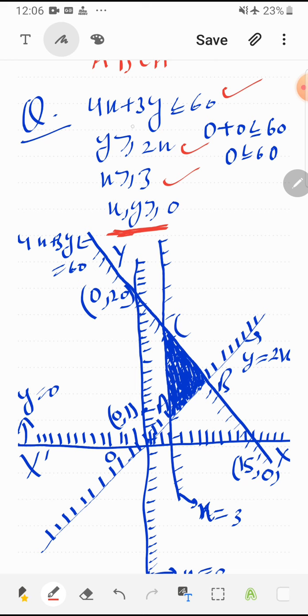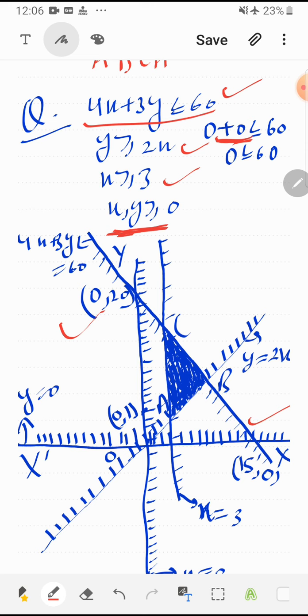Now 4x plus 3y less than or equal to 60. It's simple. Put x equal to 0, y is 20; y equal to 0, x is 15. So that line is drawn. And about shading, I am putting x and y as 0, 0 here. So 0 is less than or equal to 60, which is true.